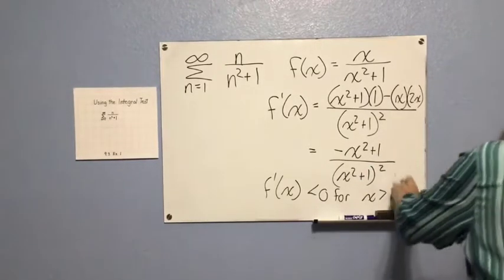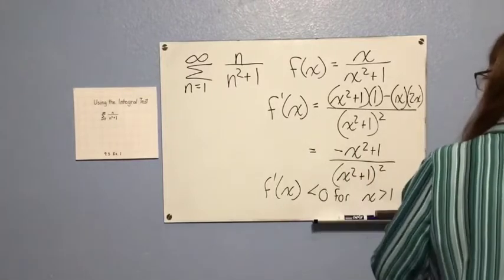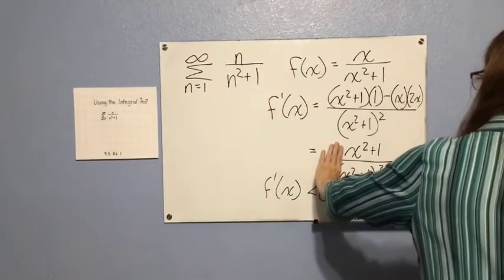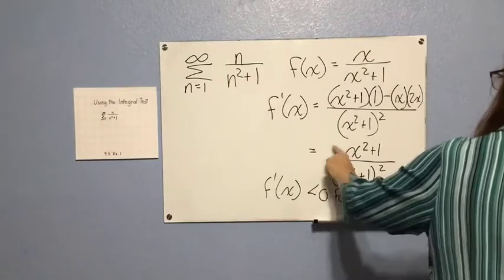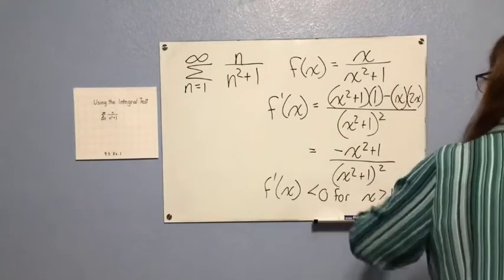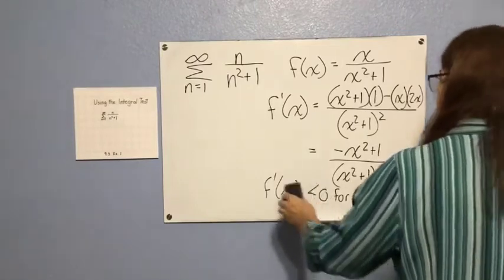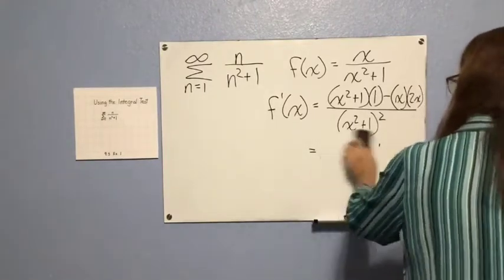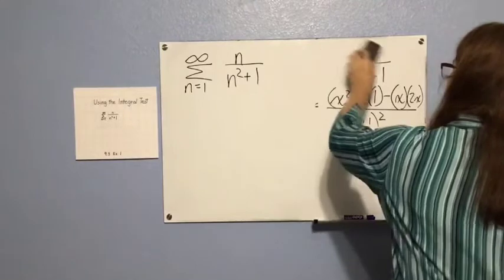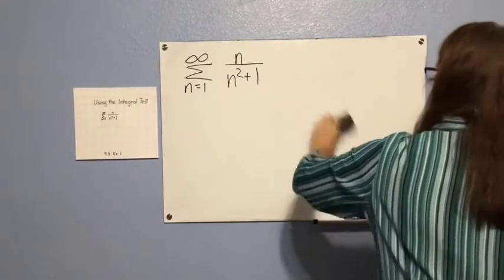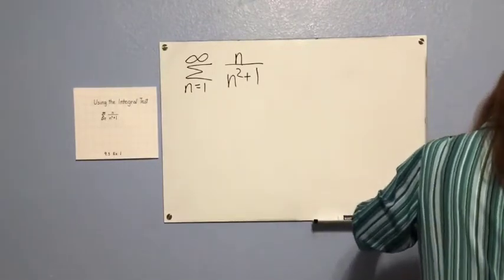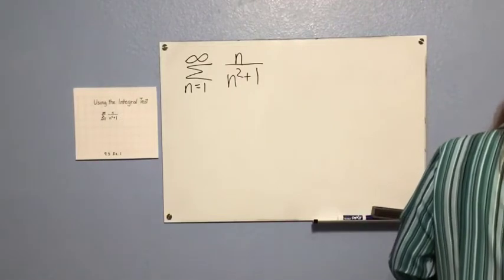Okay, if x is greater than 1, that's going to be positive, and then the negative means that the derivative is going to be negative and the function will be decreasing. So we've met the conditions for the integral test.